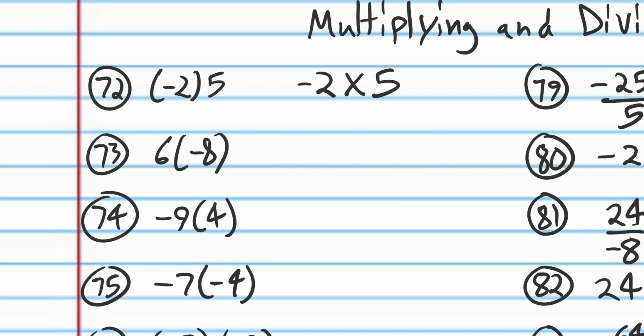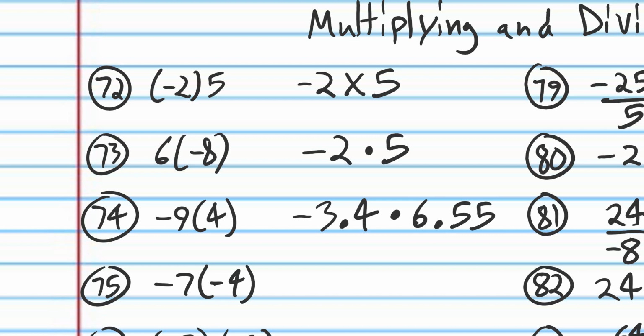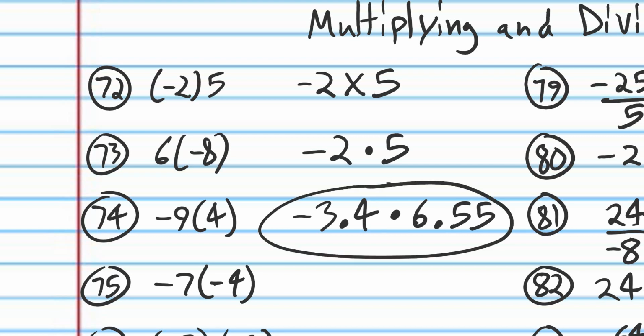In the previous course, we also learned how to show multiplication with dots. So you could write negative 2 times 5. But what if you had something like negative 3.4 times 6.55? With all these dots, things would get pretty confusing.